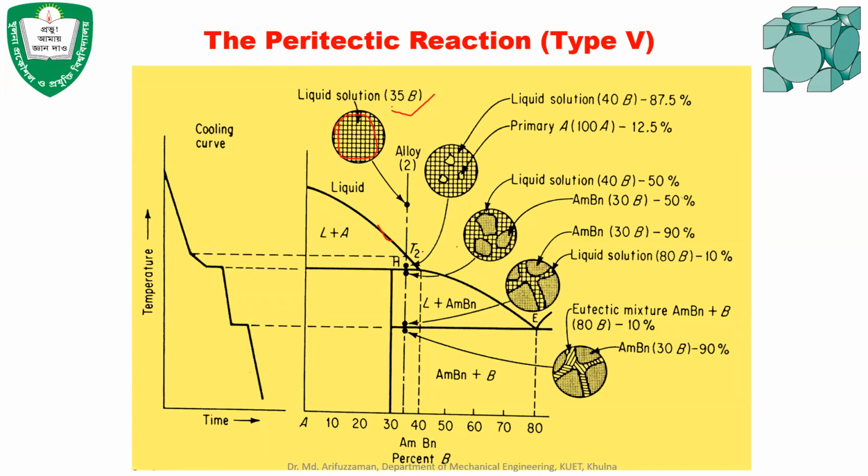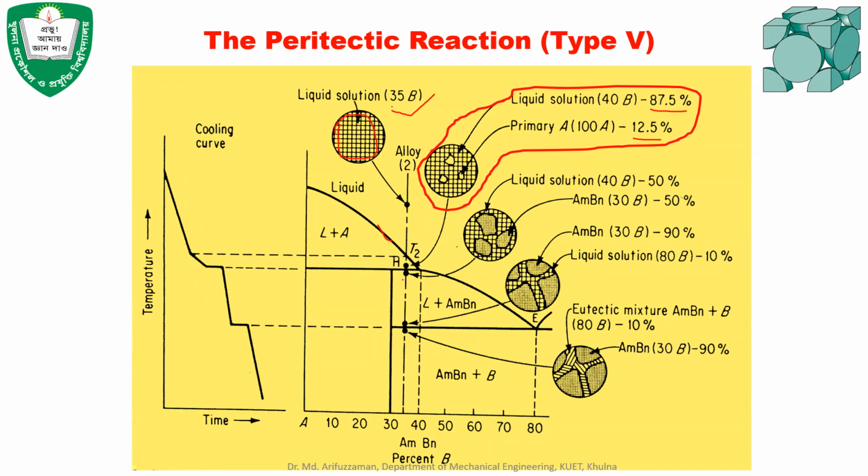And when the temperature drops below the temperature T2, then solidification starts, and there will be primary A of 12.5%, and liquid solution will have 40B, which is 87.5%, just before the peritectic temperature line.